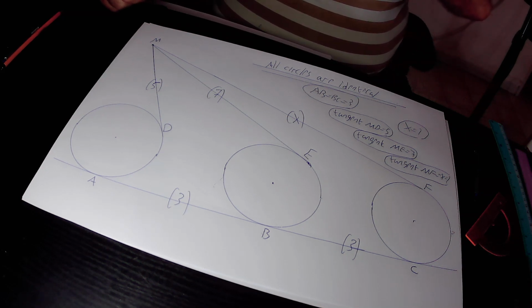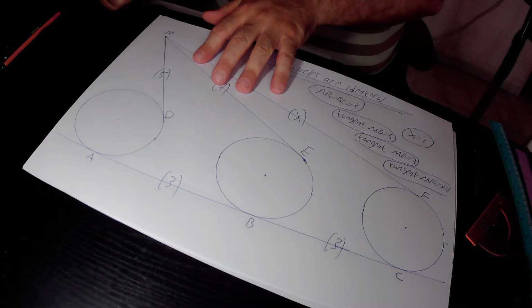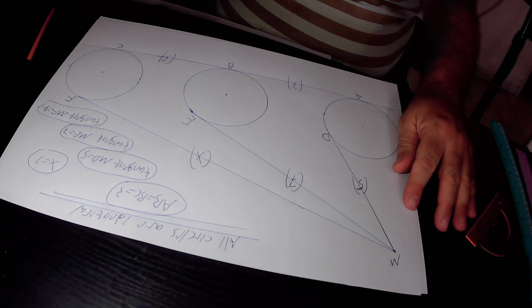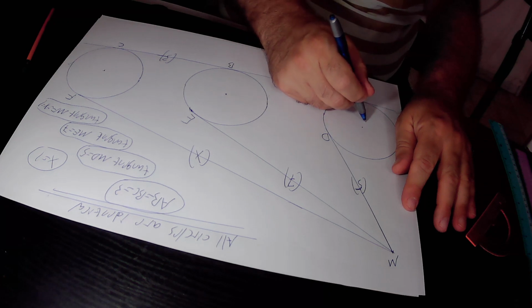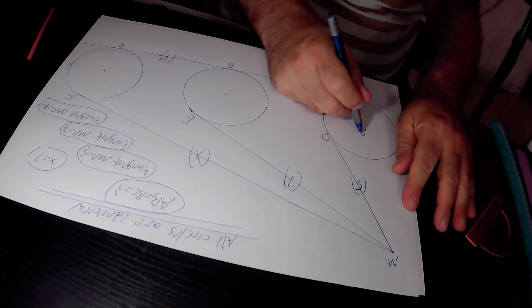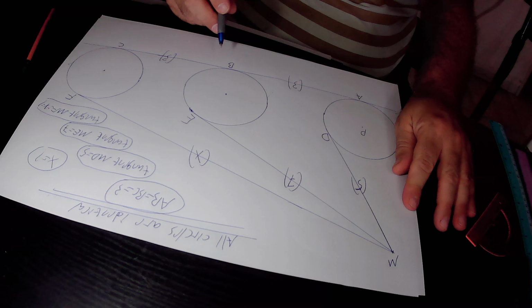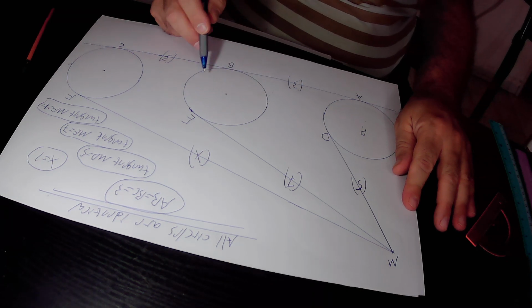So first of all, we define the center of this circle. This point is point P. We define the center of this circle.